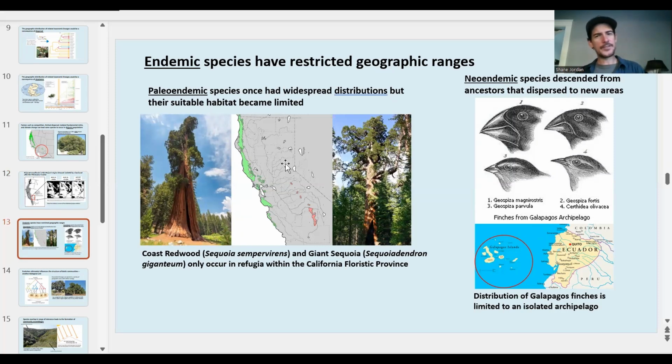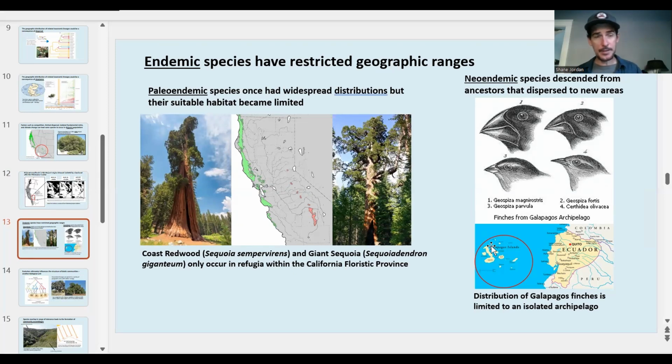This is a little bit different from something we call neoendemics. Neoendemic species are those that descended from an ancestor that was able to disperse into a new area. An example of this might be Darwin's finches, the Galapagos finches, which we know descend from a common ancestor that originally lived in Ecuador, a small subset of whose population colonized the Galapagos Islands, maybe multiple subsets over time.